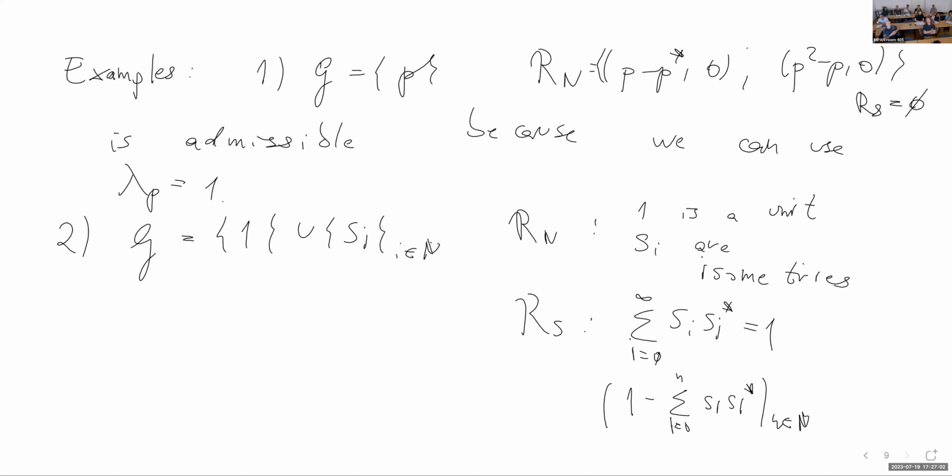Yes, but C is unital, by accident, because it's generated by a projection. So this projection is a unit. But you cannot use one, like P and 1 minus P. So it was P. You were right. So technically our answer is that there's one single relation, which is this one.